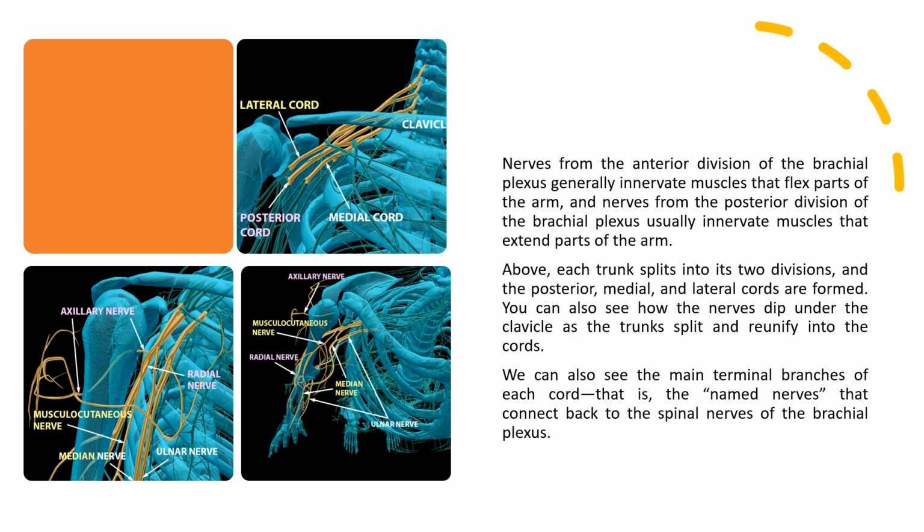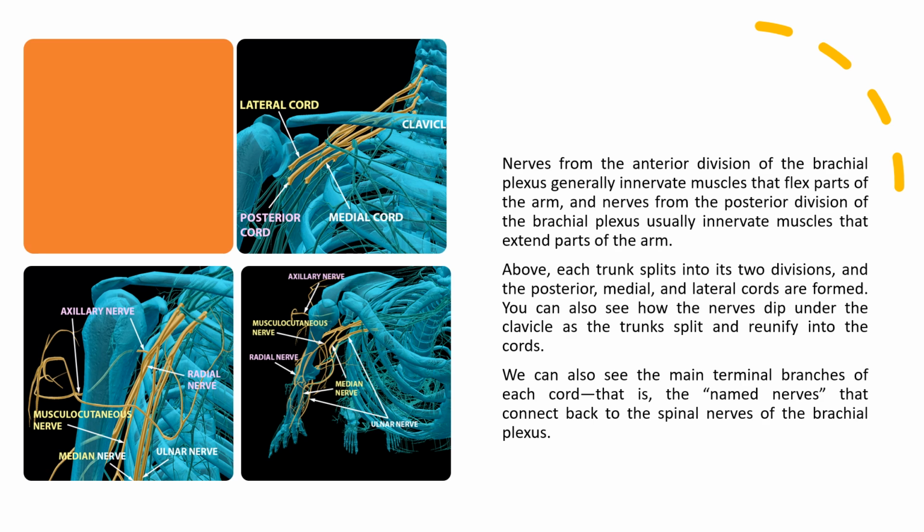Nerves from the anterior division of the brachial plexus generally innervate muscles that flex parts of the arm, and nerves from the posterior division of the brachial plexus usually innervate muscles that extend parts of the arm. Above, or I should say here to the side, each trunk splits into two divisions and the posterior, medial, and lateral cords are formed.